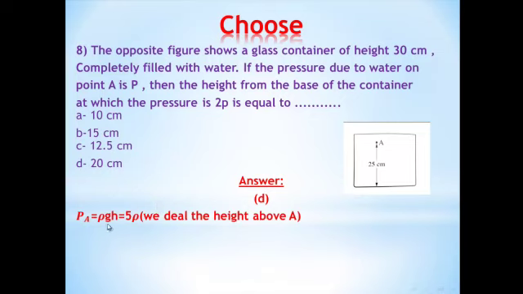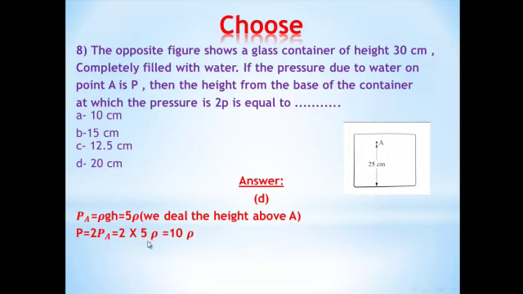Why? Pressure at point A equal rho g h, and we know that h here is the height above A. Excellent. So, if all container 30, under A 25, so above A 5. So, pressure at A equal 5 rho g, where rho and g are constant because it is the same liquid.